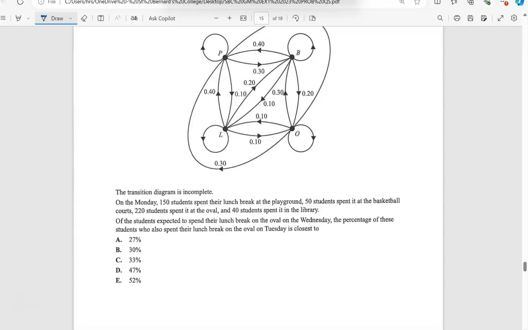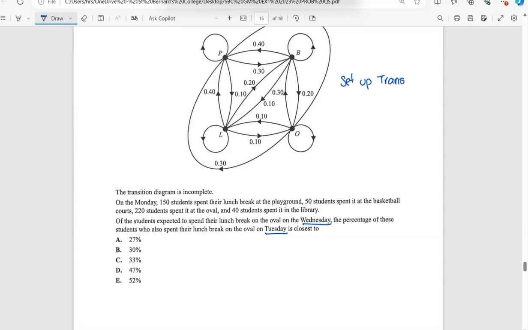Of the students expected at their lunchtime on Wednesday, the percentage of students who will spend their lunch on the oval were who had spent their lunch on Tuesday. So really what we have to do is go through, this is the last question, so you're going to have to do a few things. The first thing is you need to set up the transition.